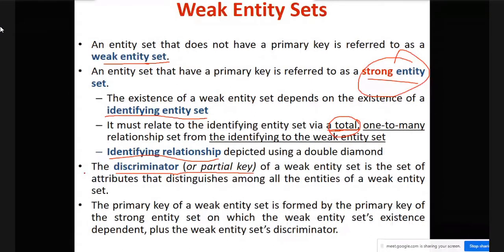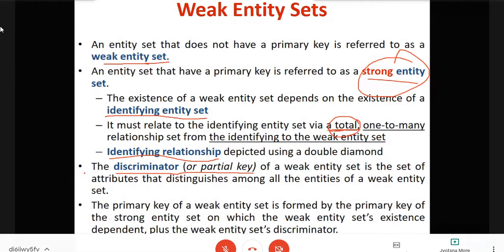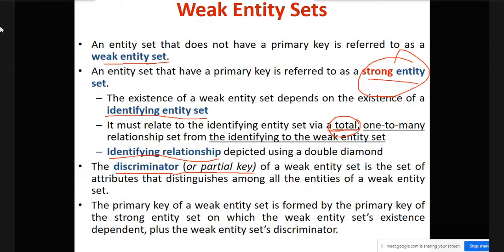Anyway, you have to write this in the answer, but usually this is asked during your viva or practical exam: what is a partial key, or which key is present with a weak entity set? So you should know the answer, both names, partial key or discriminator.